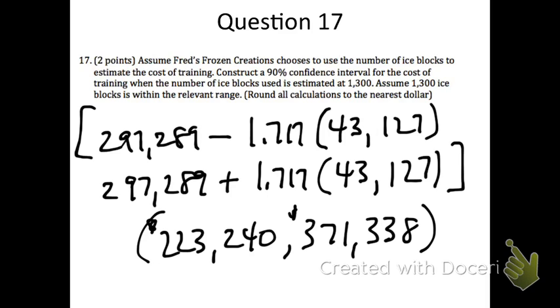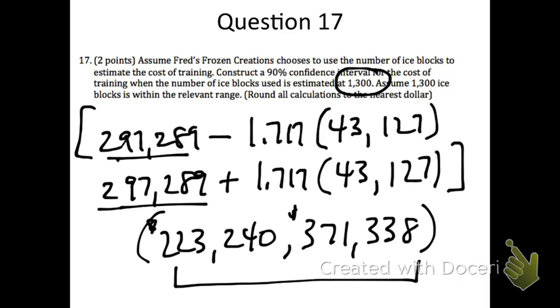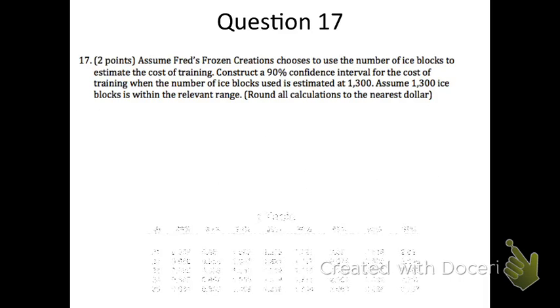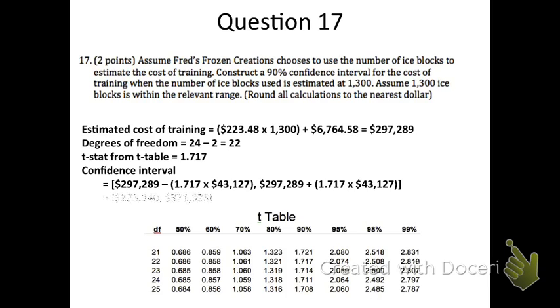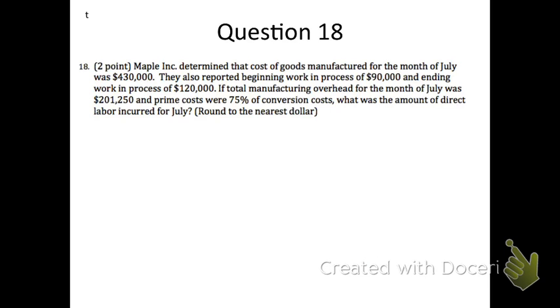Again, this tells us that if we actually incur or use 1,300 ice blocks, the actual cost related to using 1,300 ice blocks will be in this range. Again, remember, this is an estimate, and so we're estimating that cost. You can take your time and download the slides and work through that if you want to.